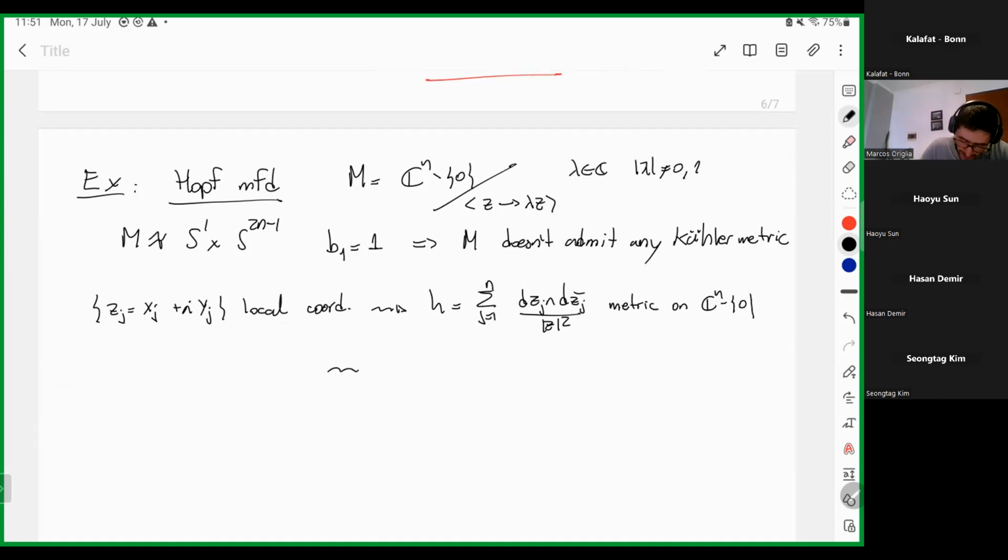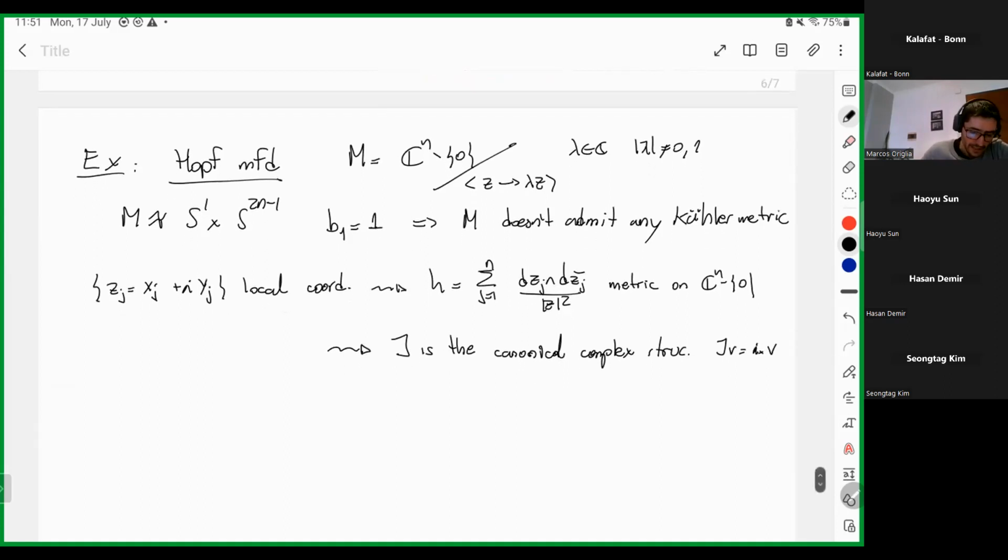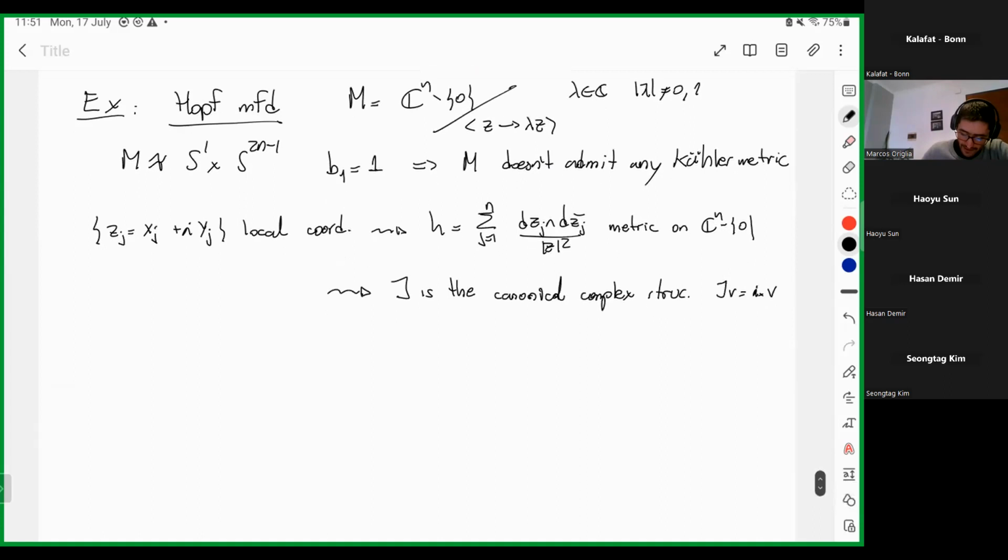We define the complex structure J. Here it is the canonical one on C^n minus the origin, which means multiplication by i.